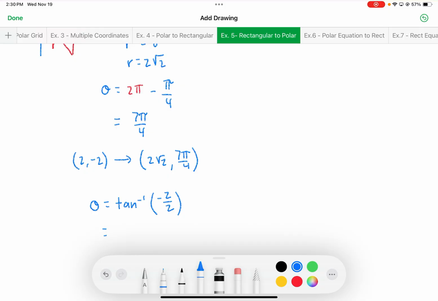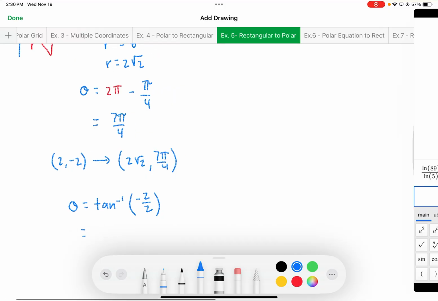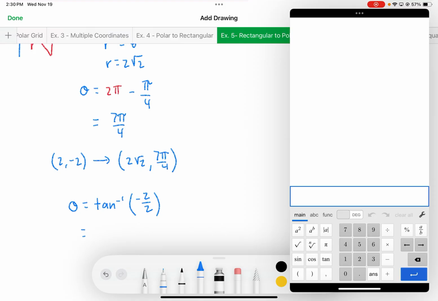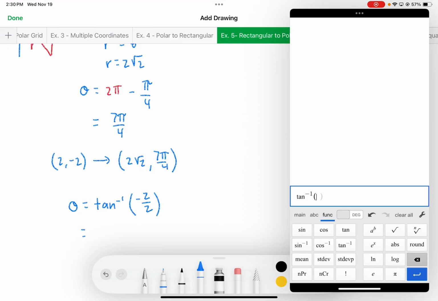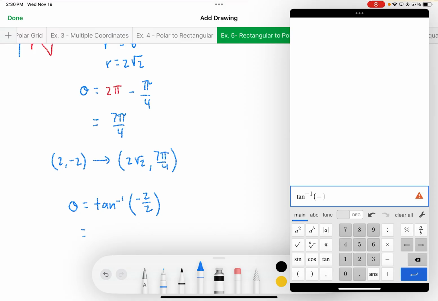And if you remember, the quadrant 4 angle is going to be expressed negatively. So if I pull out the calculator and I do inverse tangent of negative 2 over 2, or simply negative 1, it gives me negative 45 degrees, or there's the radian version.